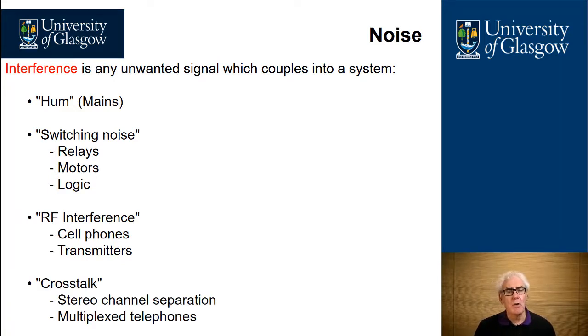And finally, it could be crosstalk from stereo channel separation. In other words, the left channel bleeds through into the right channel, or crosstalk from multiplex telephones where you actually pick up somebody else's conversation accidentally on the phone system.